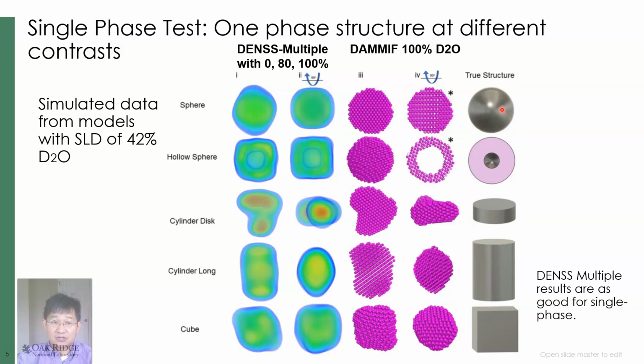The DENSS multiple reconstructions were done using background buffer in 0%, 80%, and 100% D2O data. As you can see, the results are as good as DAMMIN reconstruction results. And you can see the cylinder disk model is challenging for all the programs, in both DENSS multiple and DAMMIN.